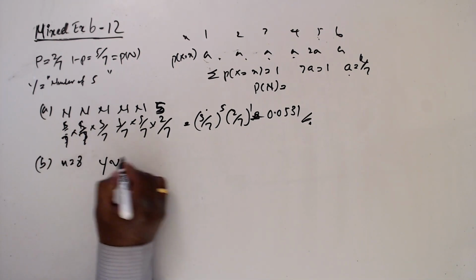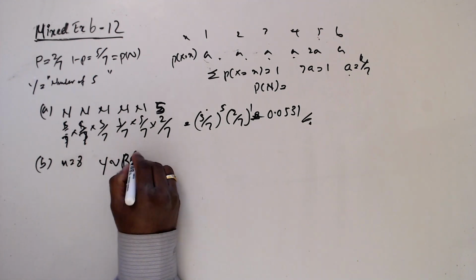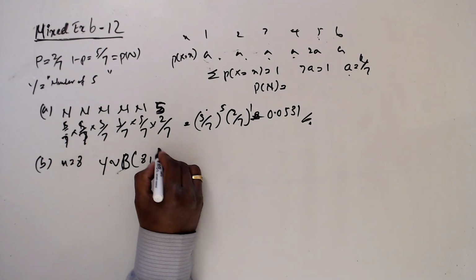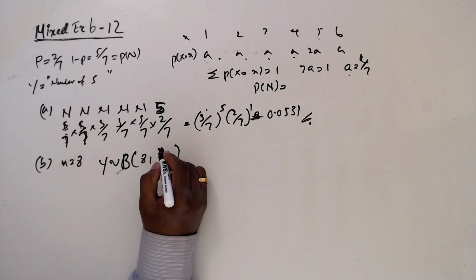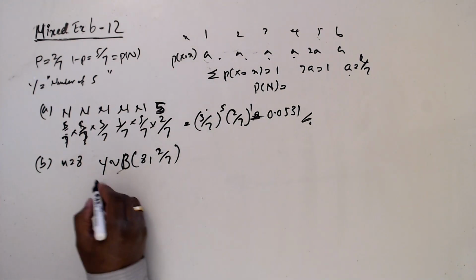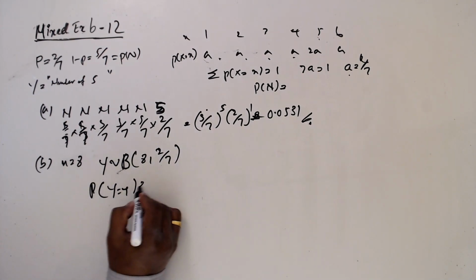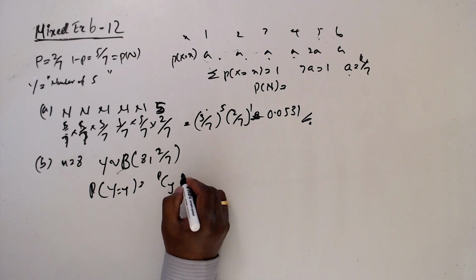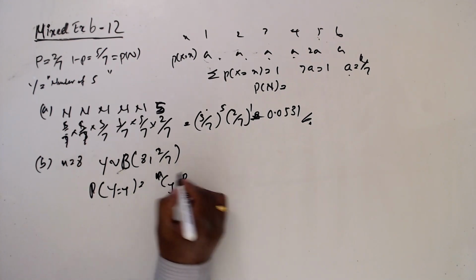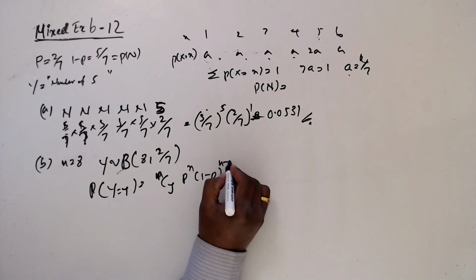Now Y follows binomial 8, 2 over 7. Then probability of Y equal x is nCx, p^x times (1 minus p)^(n minus x).